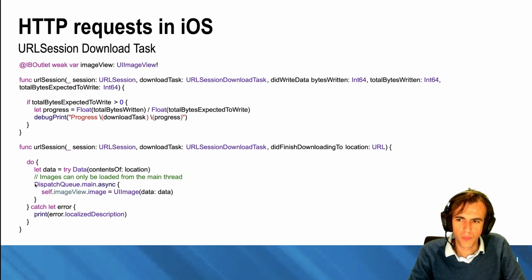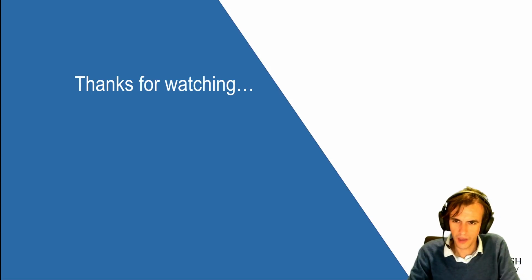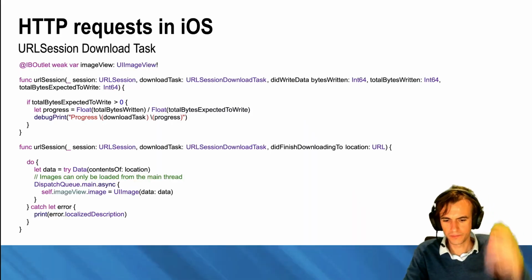So the pattern to do this is you just take a bit of code that you want to run, in this case taking this data, turning it into a UI image and setting it as the image on an image view, and you ask that to be performed on the main thread. So we do that with this pattern where we say dispatch queue main async, and we give it a block, and it will perform that on the main thread.